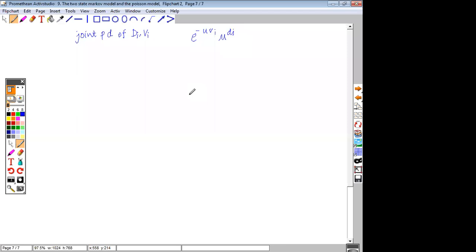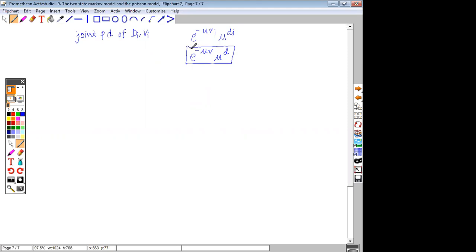If I'm looking at everyone, I get e raised to minus mu v and mu raised to small d. This is how I define the joint distribution that I have to concern myself with.